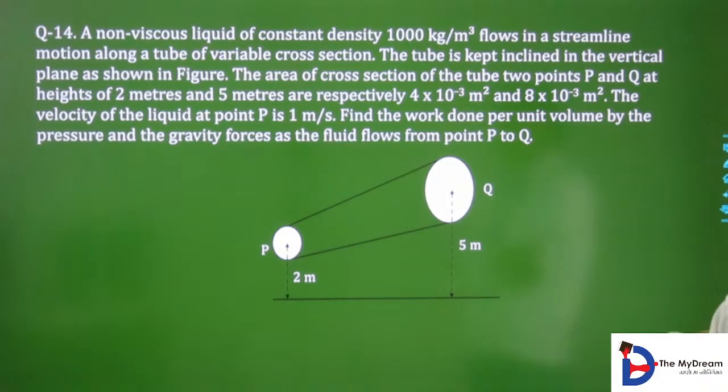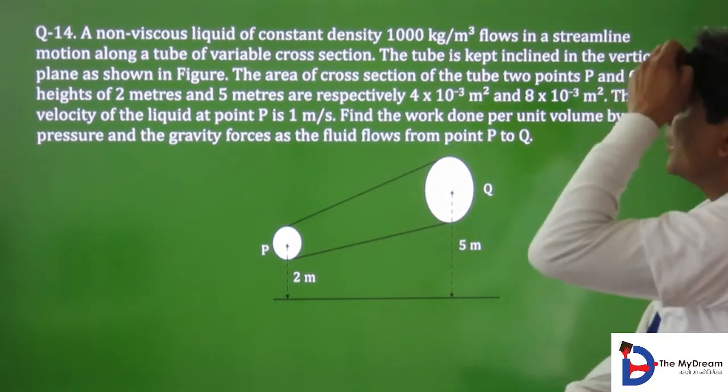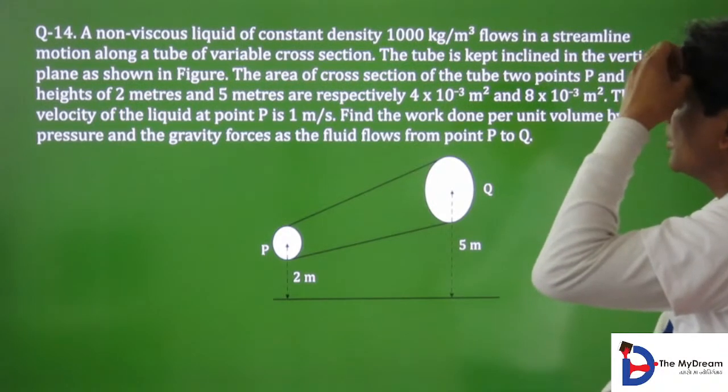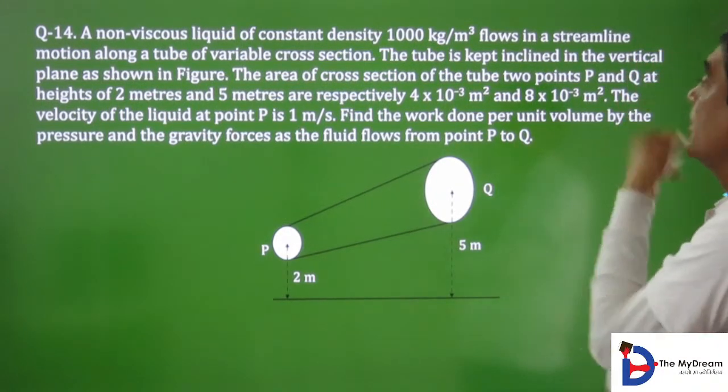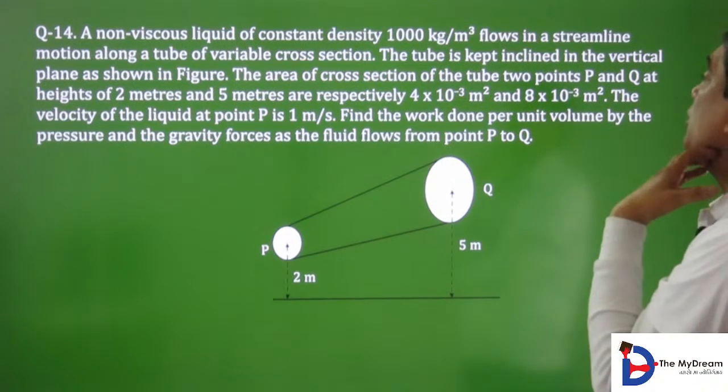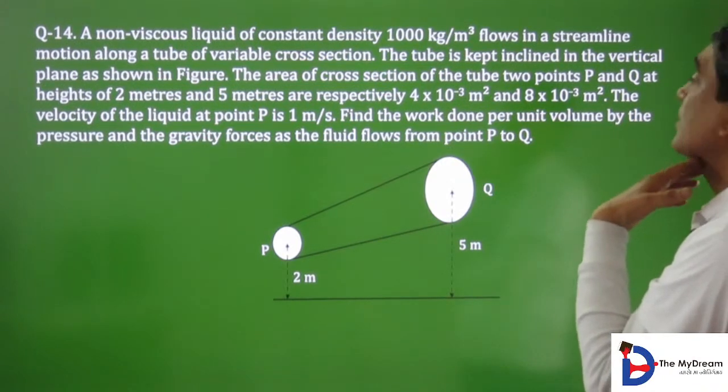A non-viscous liquid of constant density that flows in a streamline along a tube of variable cross section. Cross sections are different. The tube is kept inclined in the vertical plane.